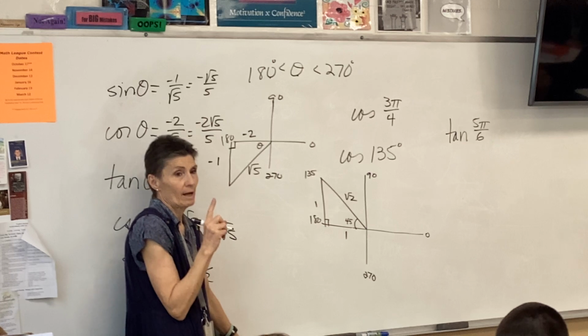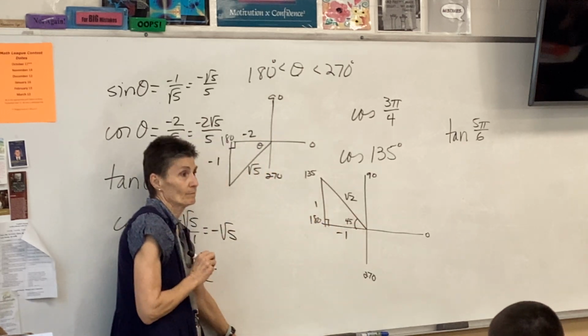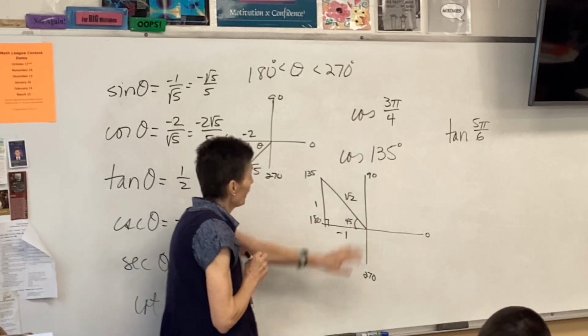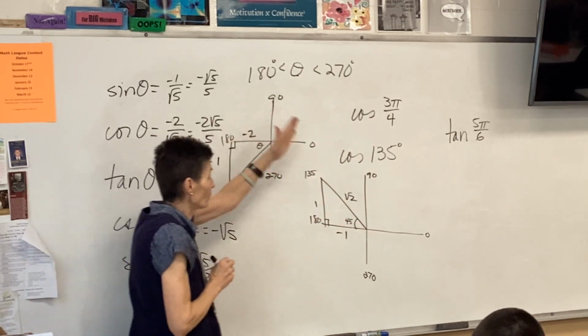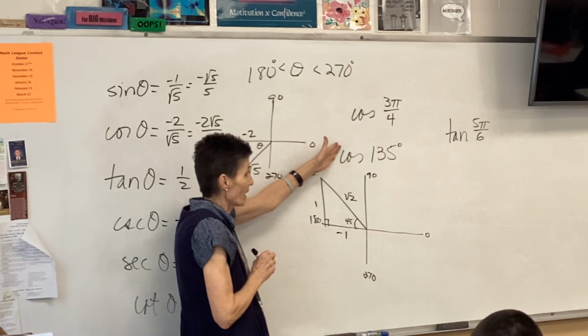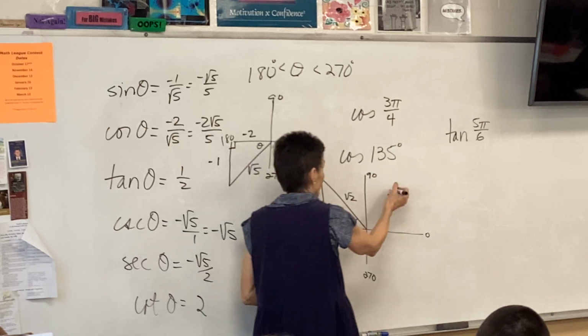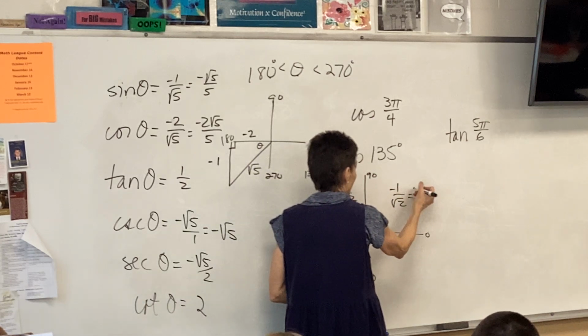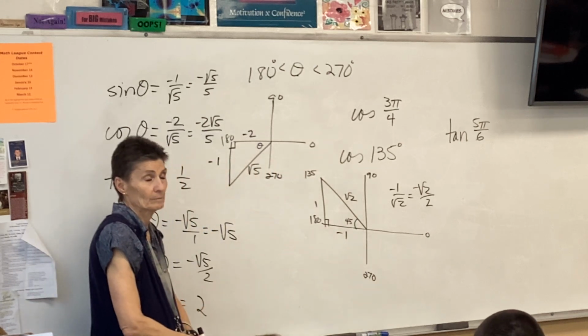But I'm in quadrant 2, so that one's negative. I want the cosine. So it's kind of like this one, except you only want one thing. The cosine is adjacent over hypotenuse. Negative root 2 over 2 is our final answer.